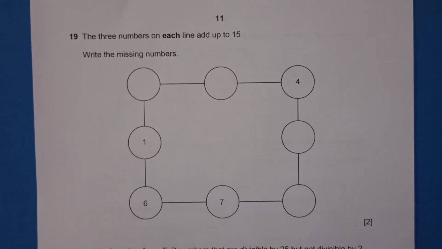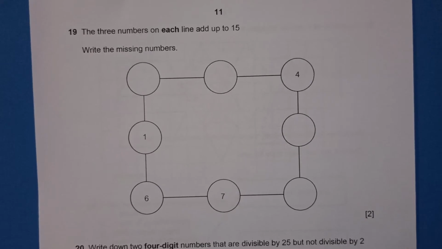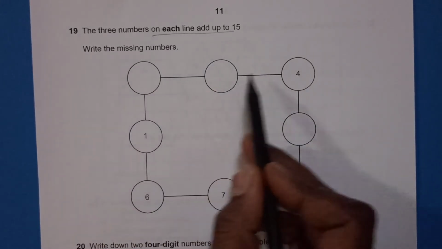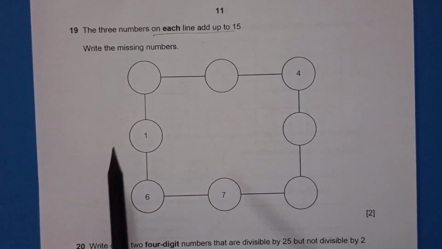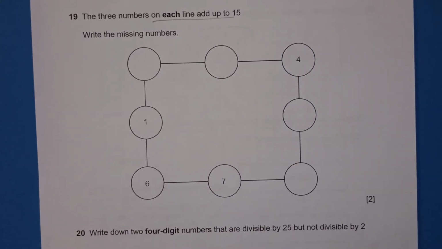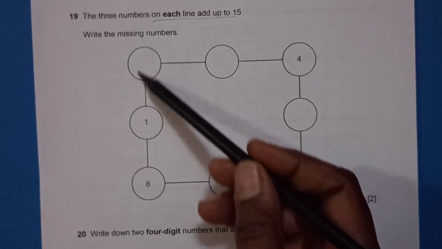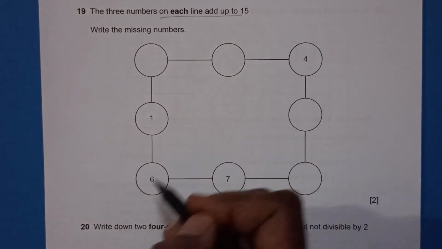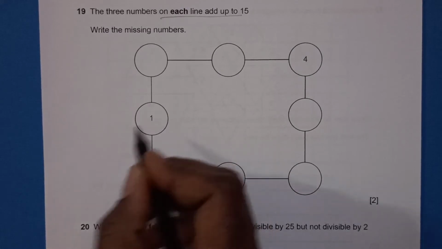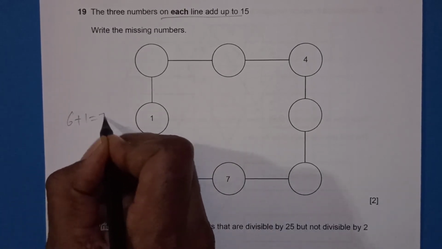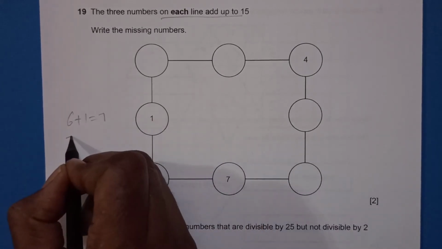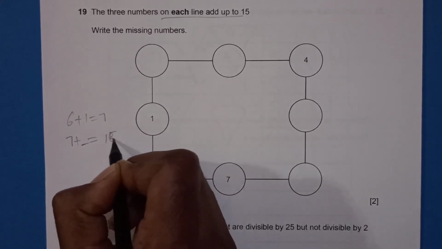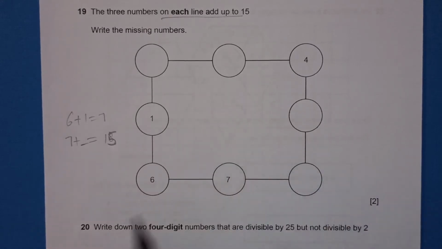Question 19. The three numbers on each line add up to 15. So there are 3 numbers in each line that add up to 15. Write the missing numbers. So the total of every line should be 15. Here we have 6 plus 1, which is 7. But our total should be 15. So 7 plus what gives you 15?